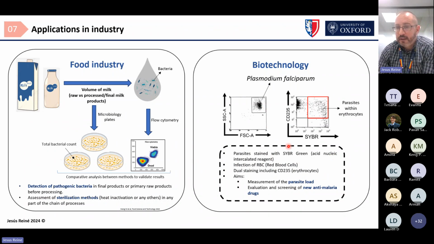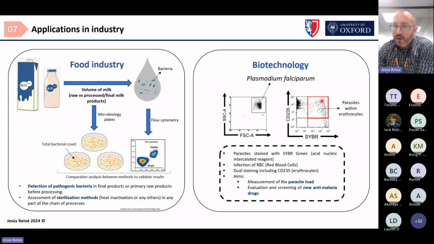So the cells become green, basically, okay? So you can see in this dot plot on the right, we compare the SYBR Green. Everything that goes to the right becomes positive. That means the parasites are present and stained with this marker, and based on this, if the signal is higher, you can see most to the right. If it's lower, it goes to the left.